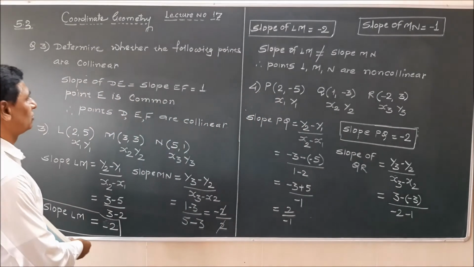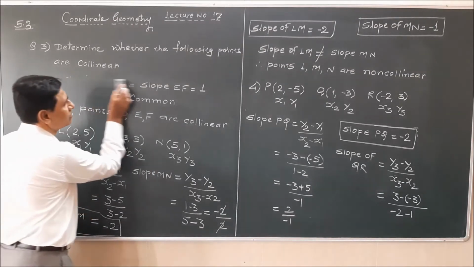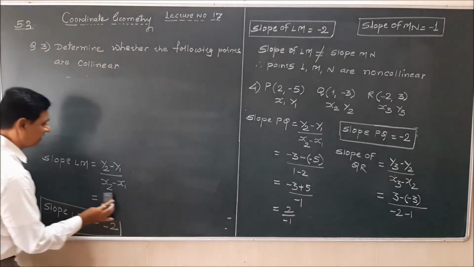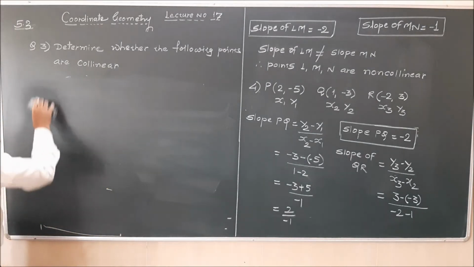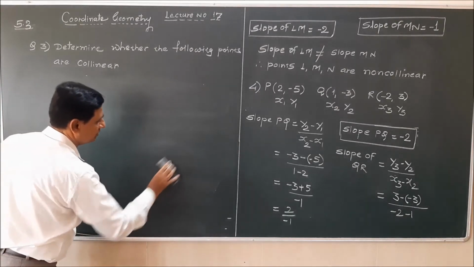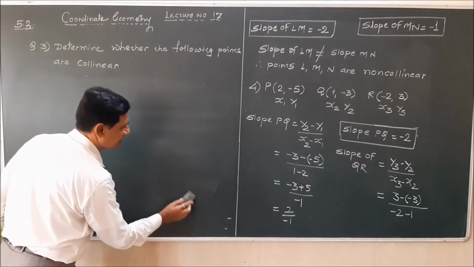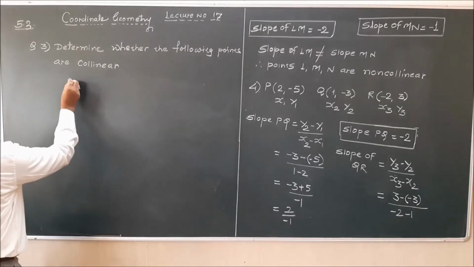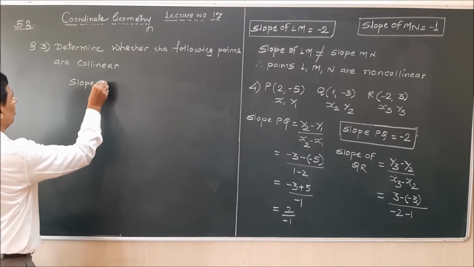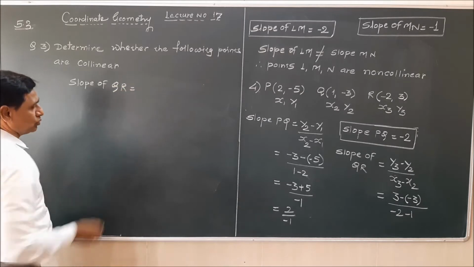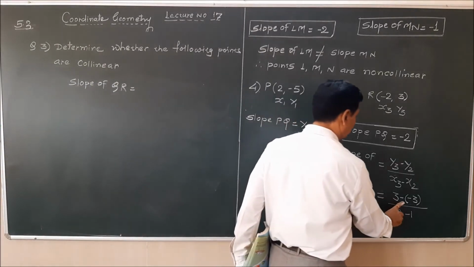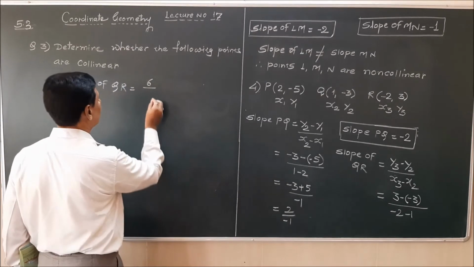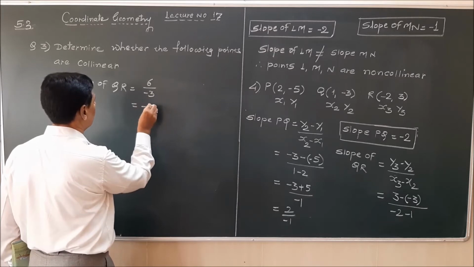So slope of QR for the fourth one is equal to 3 minus into minus is plus, so 3 plus 3 is 6 upon minus 2 minus 1 is minus 3. So here also minus 2.